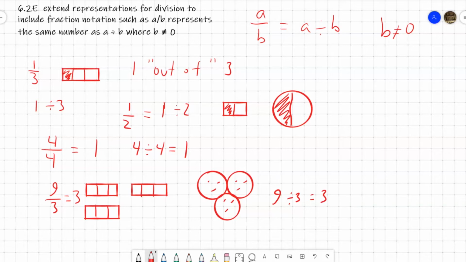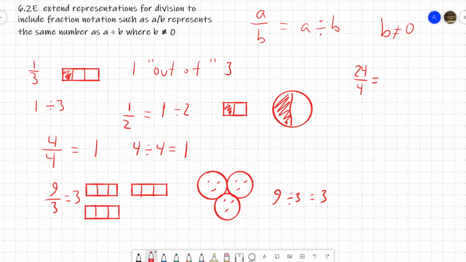So what 6.2e is saying is that any fraction, a over b, is the same thing as just a divided by b. Whatever the number a is, divided by whatever the number b is. 9 over 3 is just 9 divided by 3. Well, that makes it really easy to do some other bigger numbers. What if I had 24/4? Well, I don't have to sit there and draw out models and figure that out.